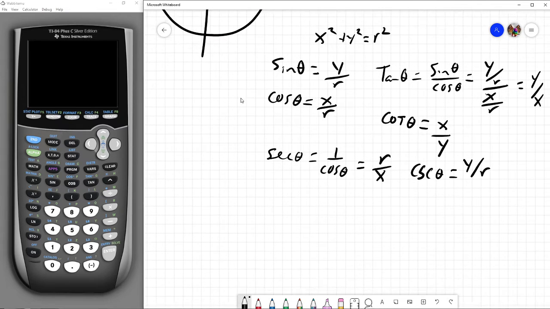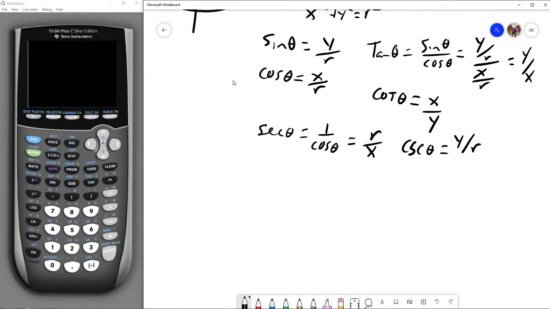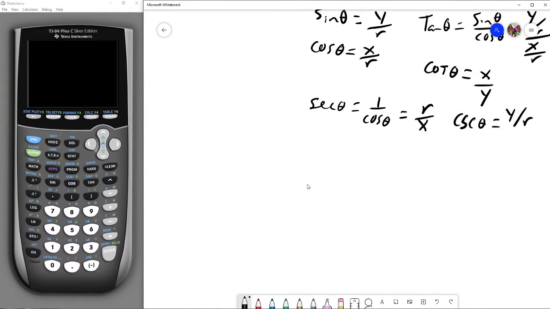So there's a colloquial way of expressing this. So if we have a right triangle and some angle theta, this side over here, that is usually called the opposite because it is opposite from our angle here.